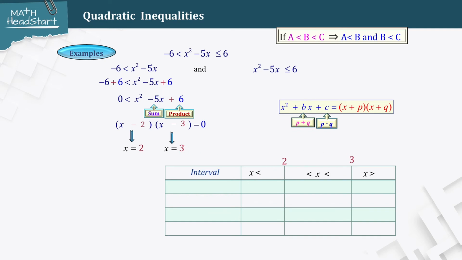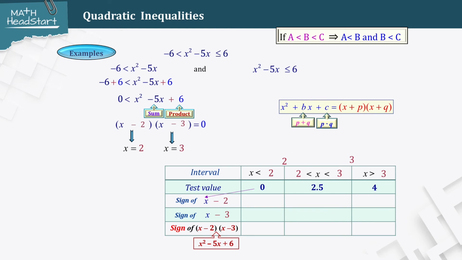The intervals are less than the smaller root 2, between 2 and 3, and larger than the larger root 3. Then pick a test value for each interval. Using the sign of each factor of the quadratic expression to determine the sign of the original expression.